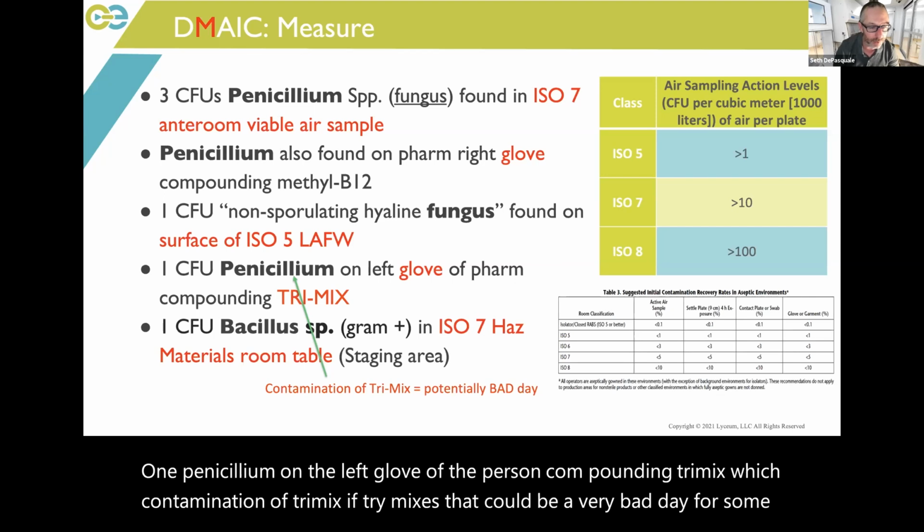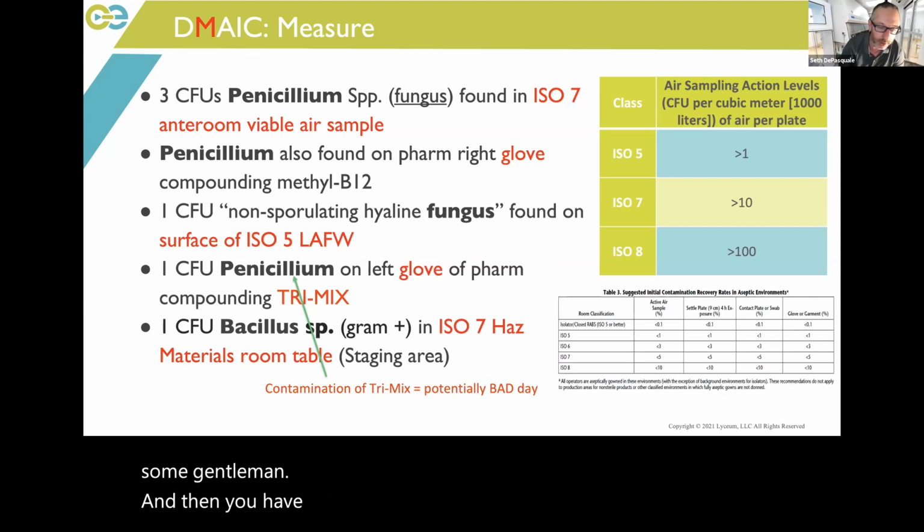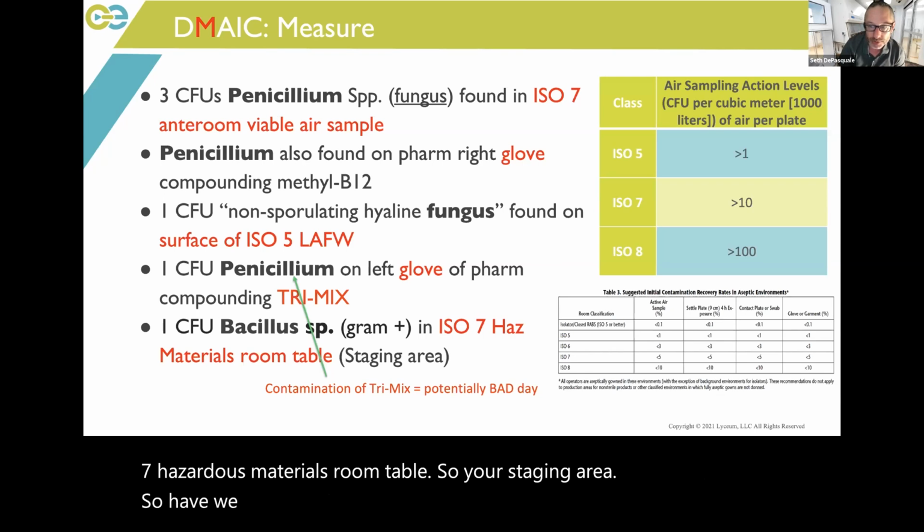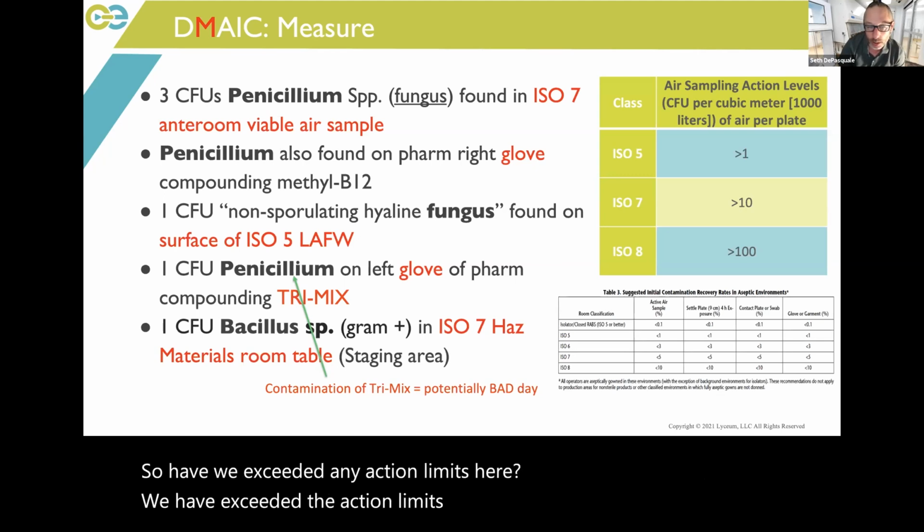And then you have 1 CFU of Bacillus, which is a gram-positive, on your ISO 7 hazardous materials room table, your staging area. So have we exceeded any action limits here? We actually have not exceeded the action limits for any of these.